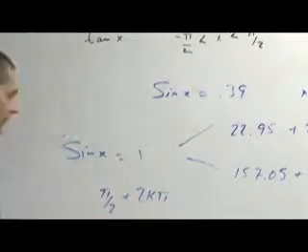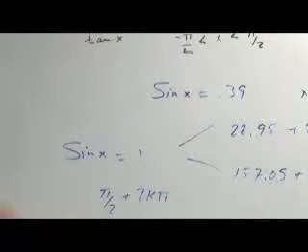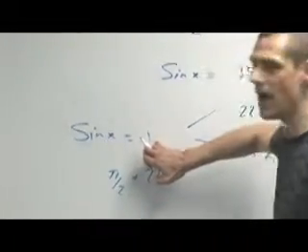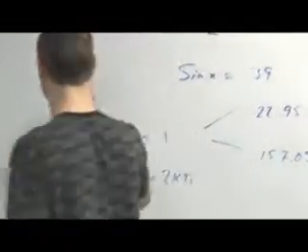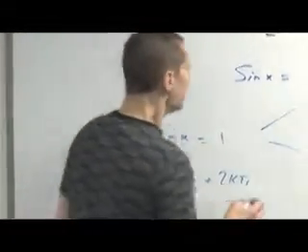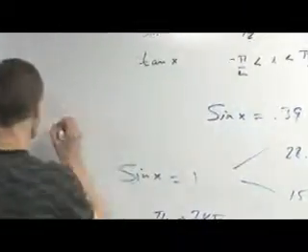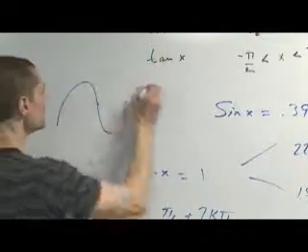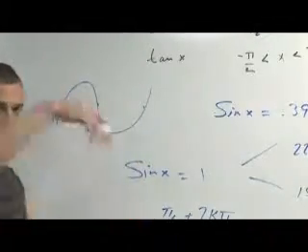This is the only infinite branch of solutions to this, and this is because this has period 2 pi, and I showed you that with the exception of 1 and negative 1, there are 2 solutions to all of these.